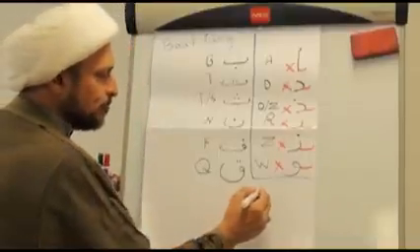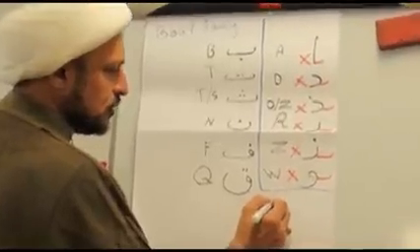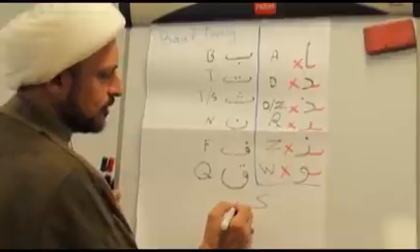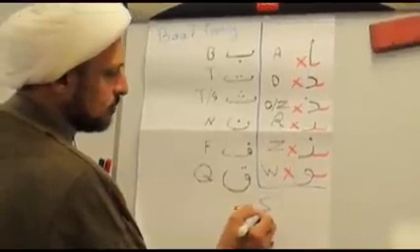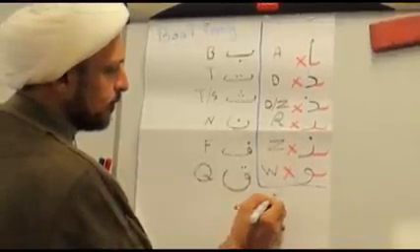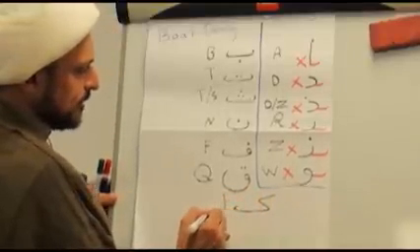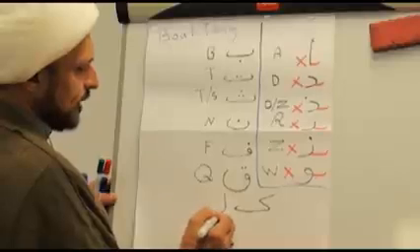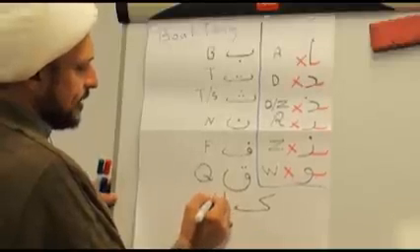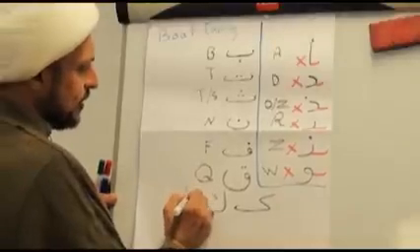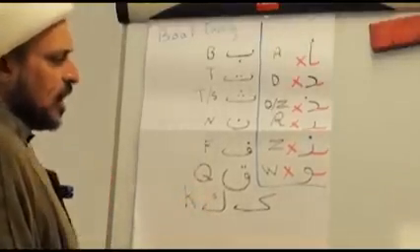So ka is written in two forms. One is like this kind of boat, and when it comes at the end, it's written like this. This ka is like a K sound.